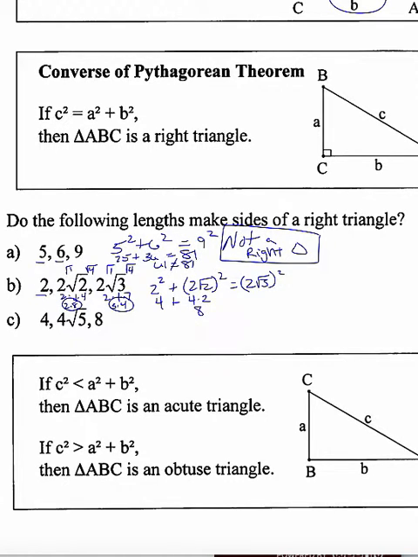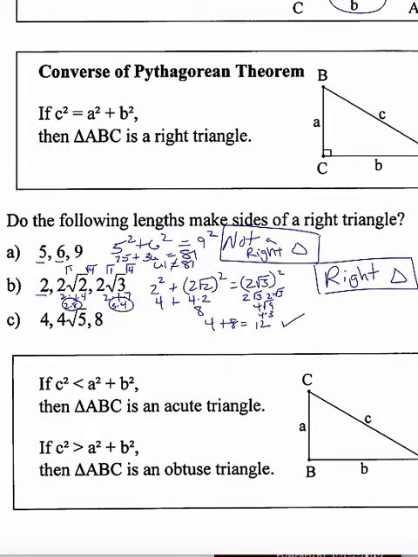And 2 root 3 times 2 root 3 would be 4 root 9, which is like 4 times 3, or 12. So when I simplify all that out, what I'm looking at is 4 plus 8 equals 12. Well, this is true. So since this is true, this has to be a right triangle because the Pythagorean theorem only works when it's a right triangle.